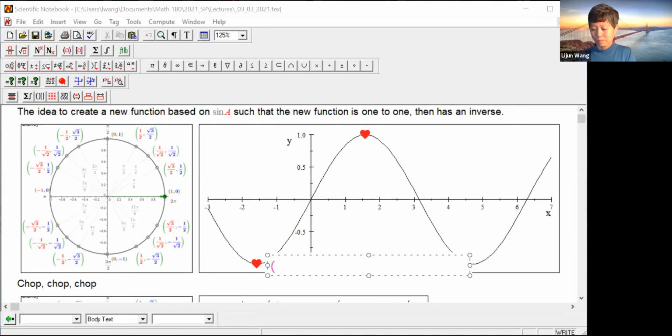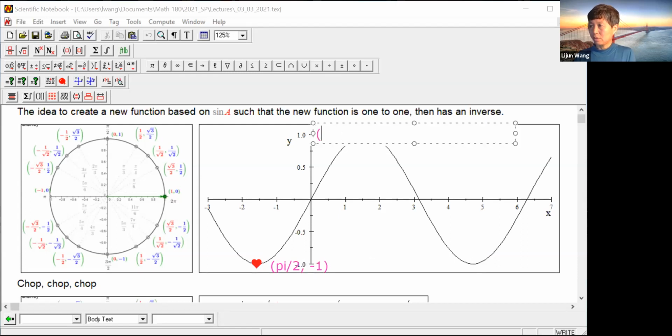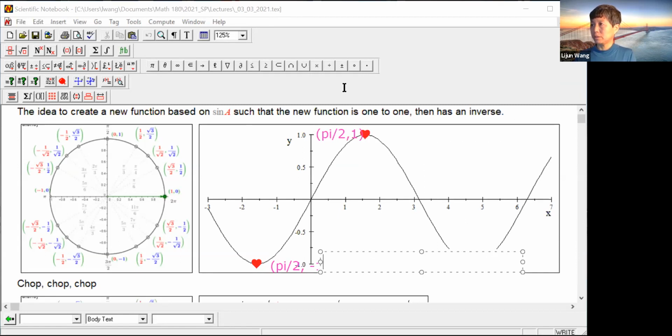The curve has the point pi/2, -1. Input, output. Oh, sorry, this is -pi/2. Sorry about that. Pi/2, +1. So I need to redo this piece.